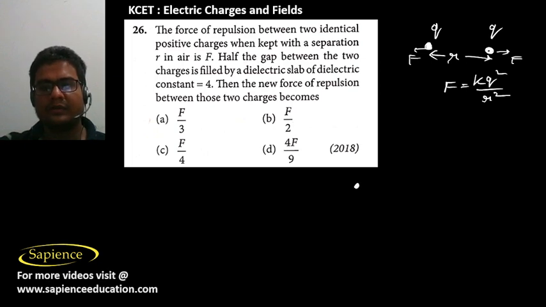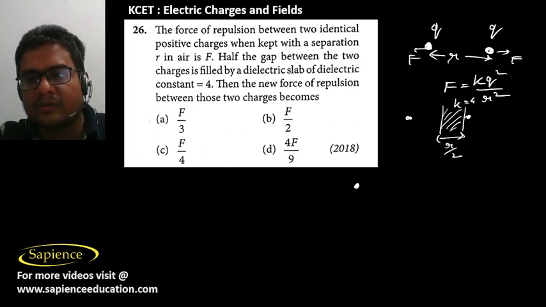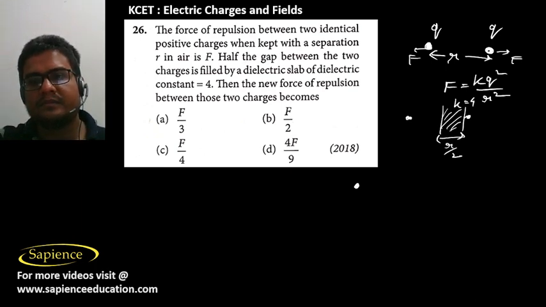So that half of it is filled by a dielectric slab of thickness r by 2, and the dielectric constant k, which we can say is epsilon r.